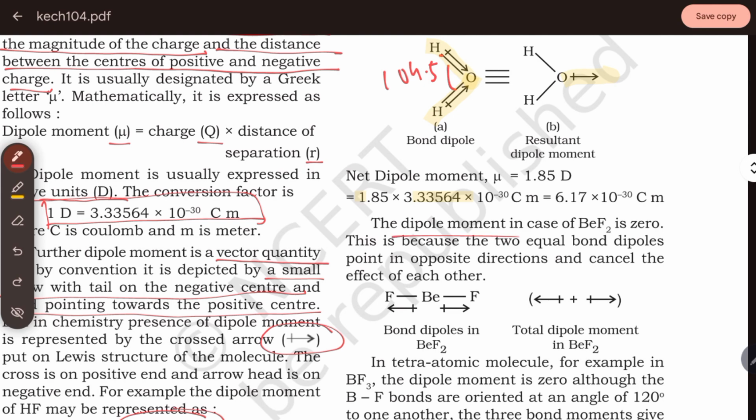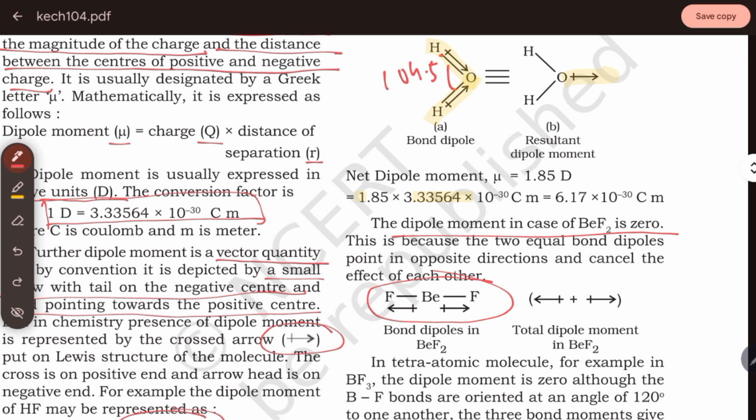Now, the dipole moment in the case of BeF2 is 0. Why? Because the molecule is linear. All these things will be clear, why it is linear and why H2O is bent, when we do VSEPR theory again.